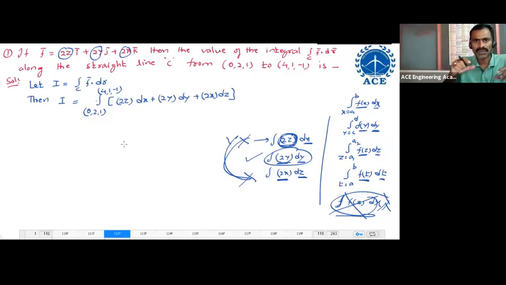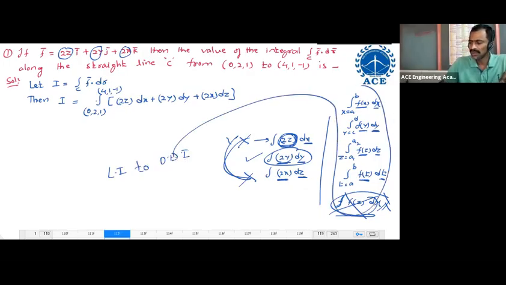That is why we try to convert the line integral to an ordinary definite integral or single integral like this. We convert the line integral to one of these by using the equation of the curve so that we can evaluate it. Suppose here instead of 2z there were 2x and here 2z; we could evaluate directly, no problem. But with 2z here and 2x like this, we cannot evaluate.